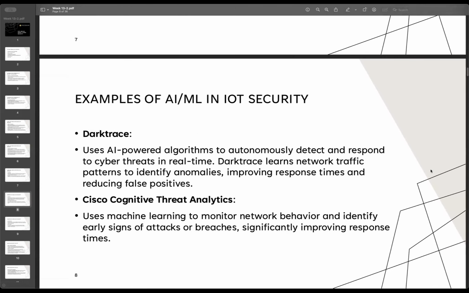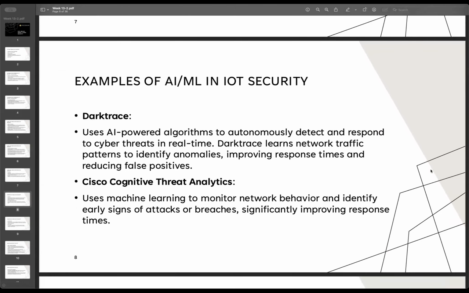And we also have some examples, like Darktrace. It uses AI-powered algorithms to automatically detect and respond to cyber threats in real time. It can learn the network traffic patterns, so we can identify anomalies, improve response time, and reduce false positives. Sometimes a result should be negative, but they just say it's a threat.